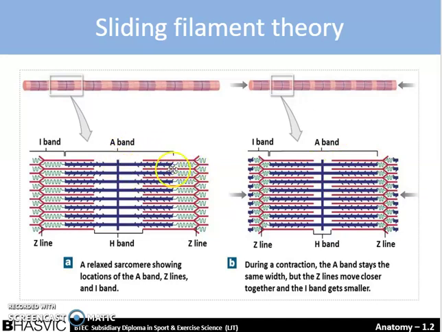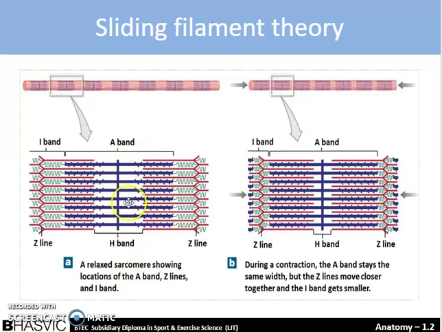The thinner filaments and the thicker filaments overlap more, so they move closer together and the overlap is larger. They overlap even more than they did before. The Z lines move closer together, while the width of the A band remains constant throughout the whole contraction.